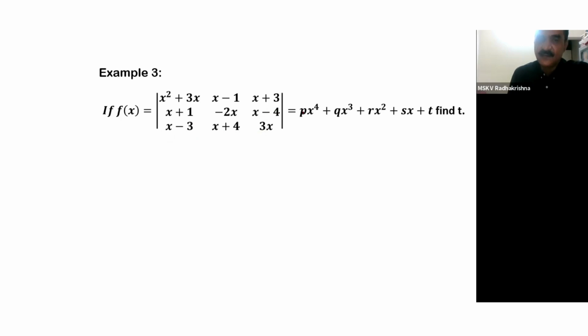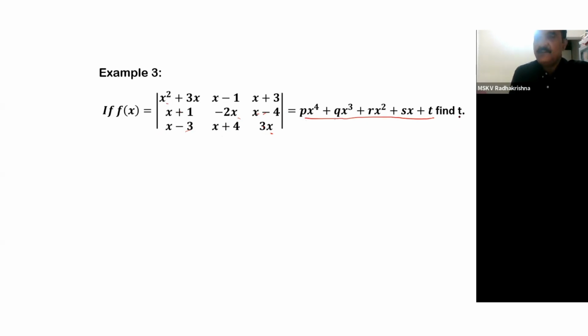If this determinant is equal to this polynomial px power 4 plus qx cube plus rx square plus sx plus t. If you expand by using any row or any column, you will get a fourth degree polynomial. This into this into this minus this into this minus this into this minus this into this. In this way, if you expand and simplify, you are going to get a fourth degree polynomial.